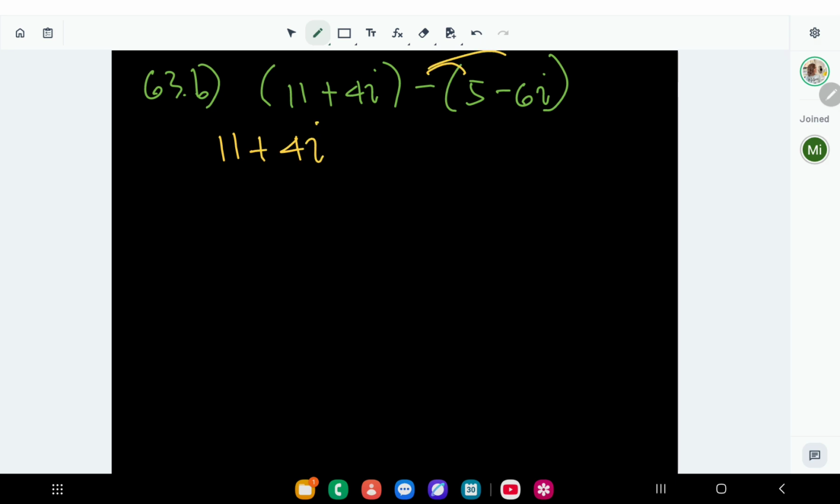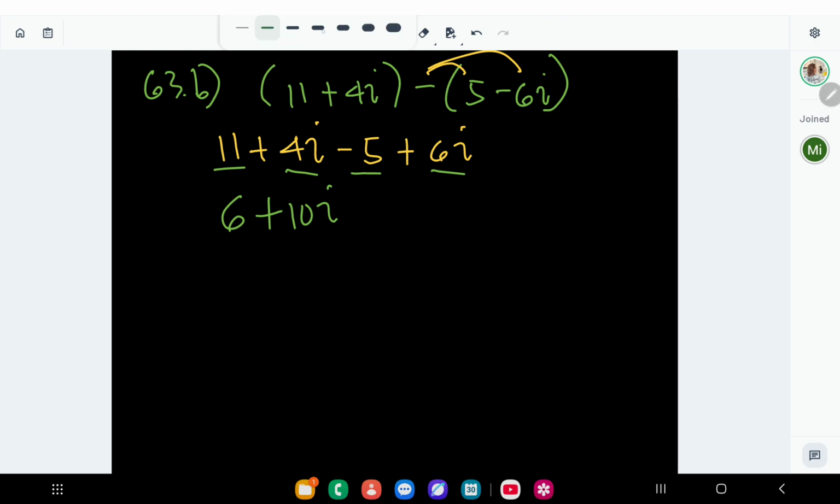We distribute the negative sign, so this is -5 plus 6i. Then we group like terms: the constants, and then the imaginary numbers. So 11 minus 5 is 6. 4i plus 6i is 10i. You got that? No questions?